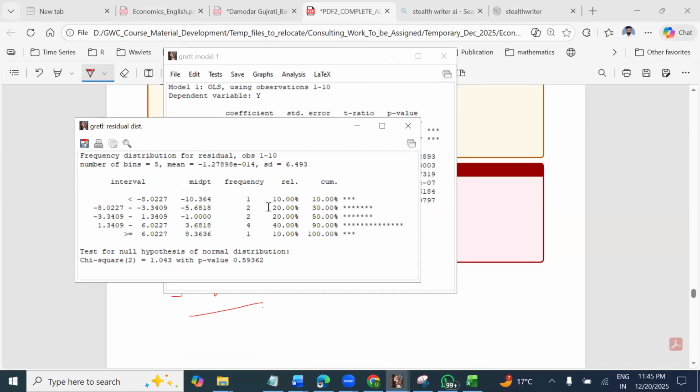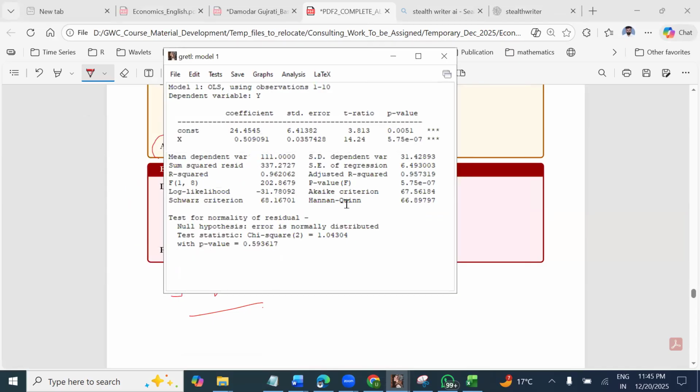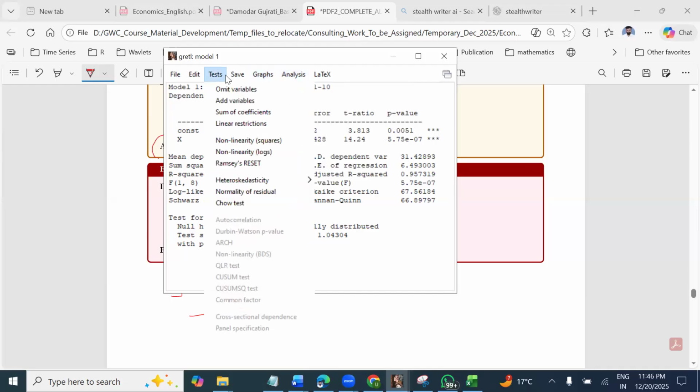Sometimes the Jarque-Bera test is reported, but I have to see whether it is directly given here.